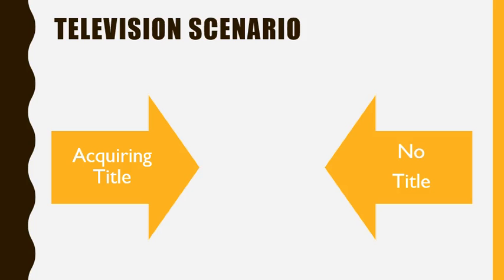Then Brent can in turn go and sell my cell phone because he got good title from Cell Phone Inc., who got title from the true owner, and then equivalent title was passed. So these are things you want to look at as you consider the television scenario.